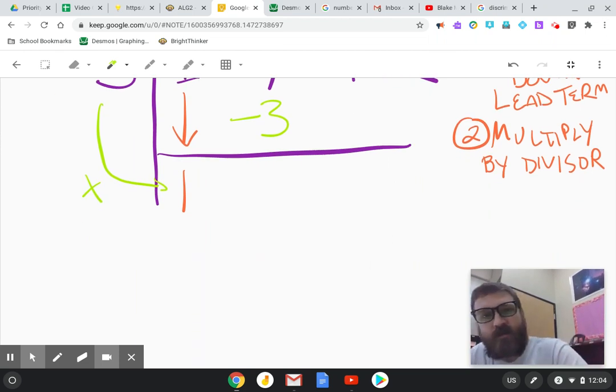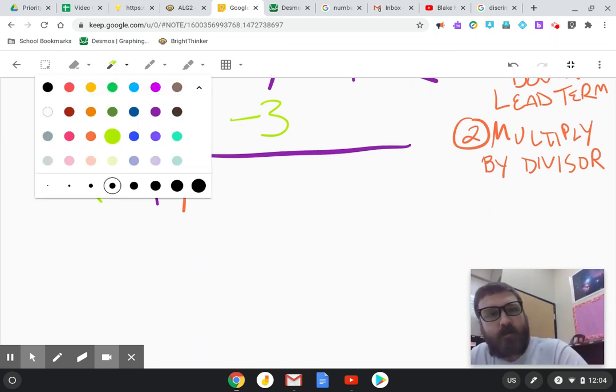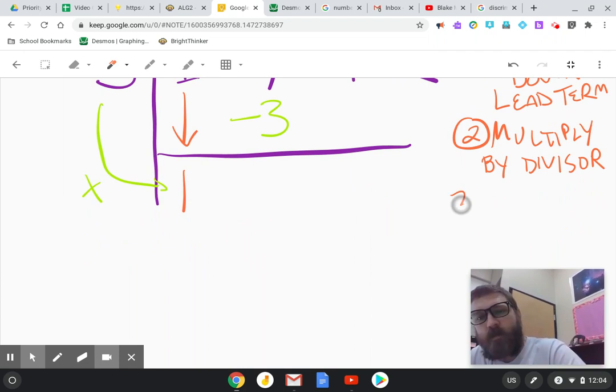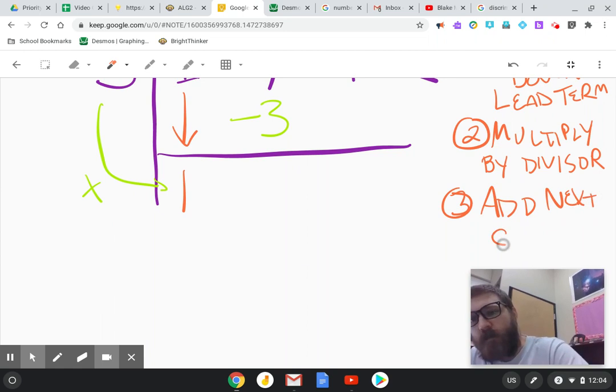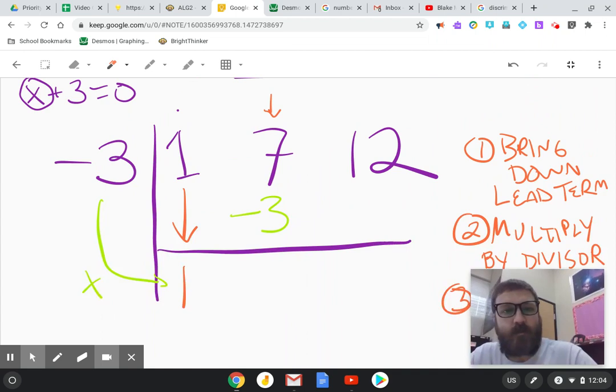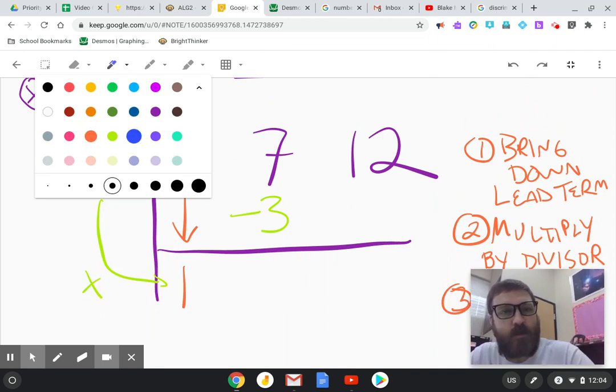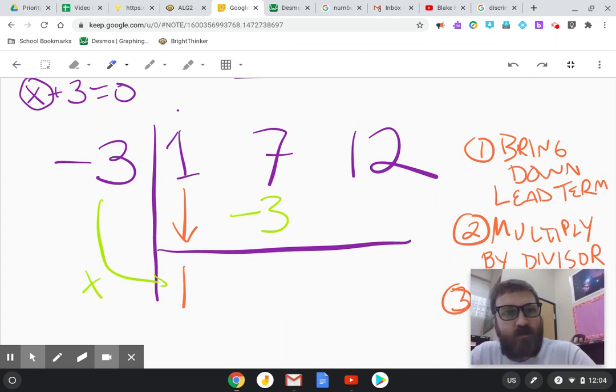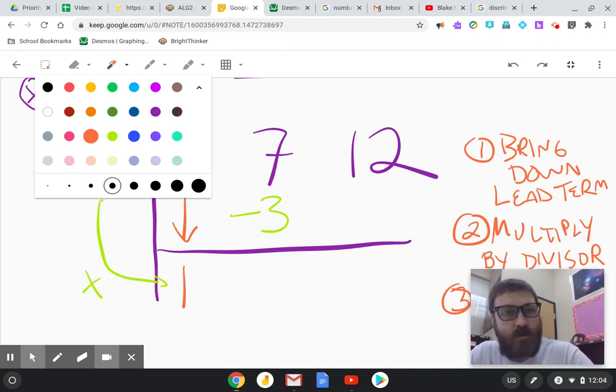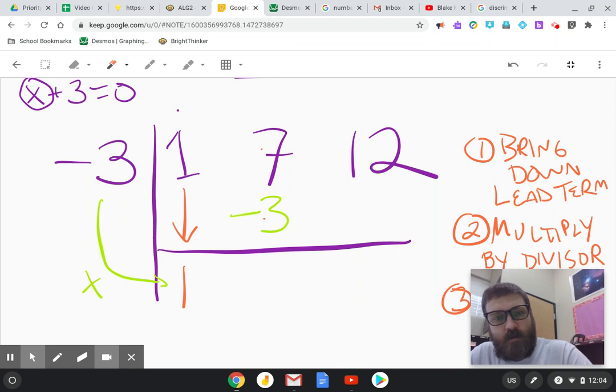The next step is to add the next column, that being this column right here. So I'm going to add that column. I'm going to do 7 plus negative 3, and I'm going to get 4.